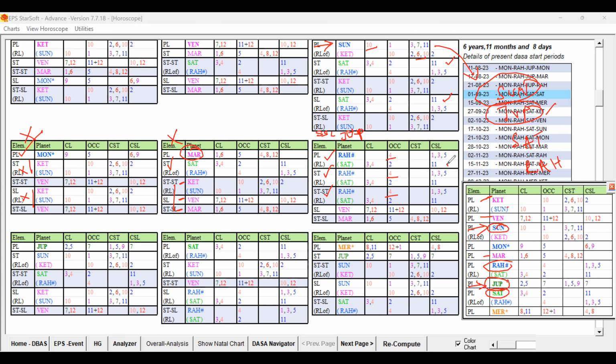Second planet also supportive, but look at this sublord. Venus is a mixed one. Star lord of the sublord is Mars. Importantly, the key planet of the Dasa Lord, Sun's role, is not present here. The first weakness is starting from the 4, again 4 and 4. One level 4 is okay. At star level, if it is not Rahu, if it is Sun or Saturn, then it would have been better.